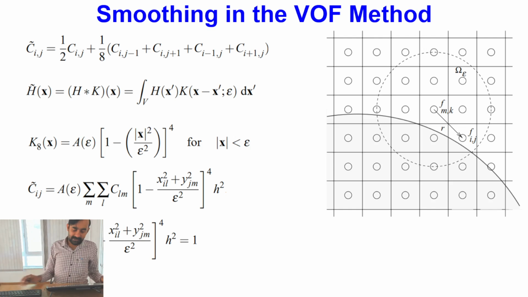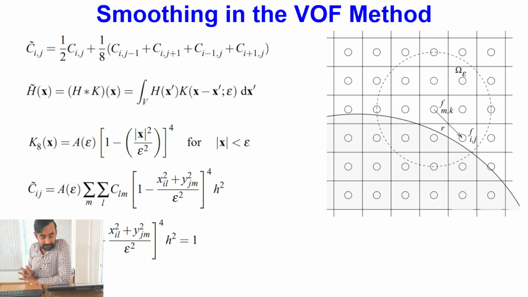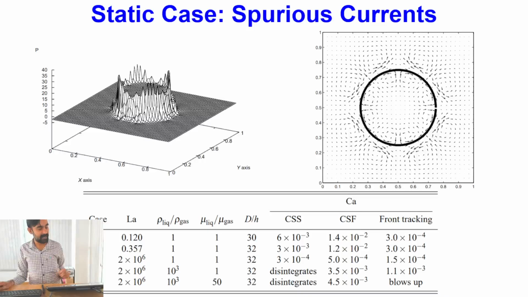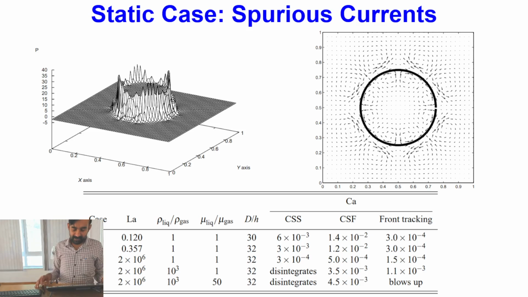Another issue is that whenever we work with the continuous surface force method or continuous surface stress methods, sometimes these lead to unphysical results which are called spurious currents. So first let's understand what spurious currents and unphysical results are.